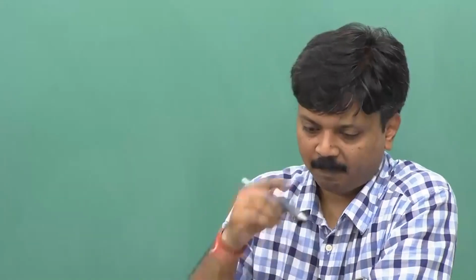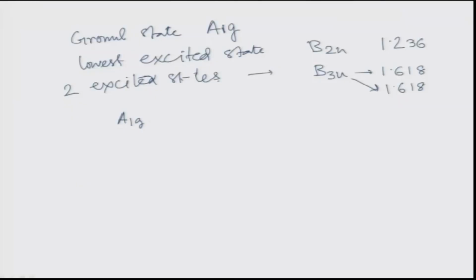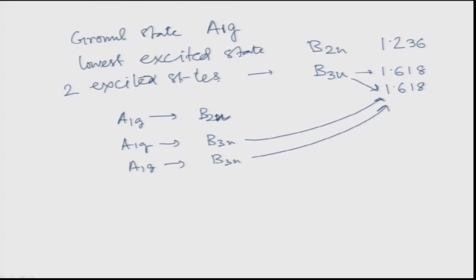We have A1G to B2U and A1G to B3U, A1G to B3U, and both of these should have the same energy of transition, but experimentally one finds that they have different energies. And as a matter of fact, the energy of B2U is actually in between the energies of the two B3U states. That's quite surprising. So why is it so? That's what we will look at.